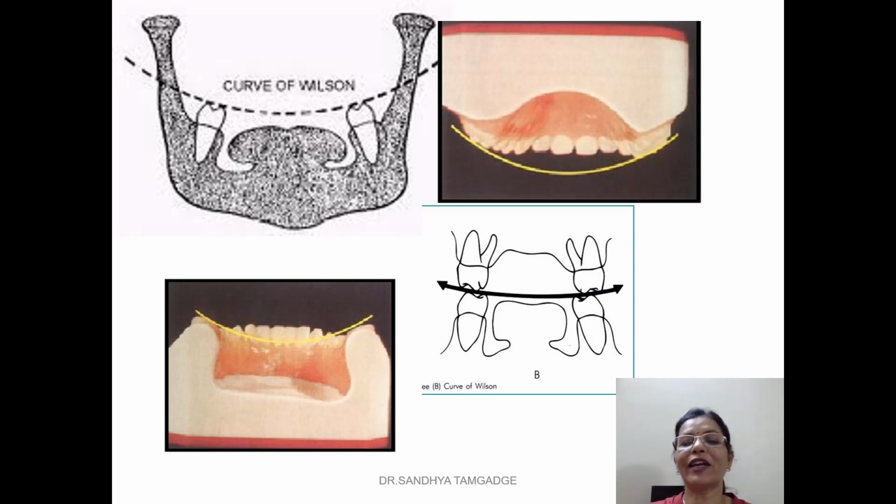In the schematic representation, at the right bottom you can see it joins the lower teeth and forms the arc, and the upper molars are tilted in such a way that the palatal cusps are touching the occlusal plane and the buccal cusps are at a higher level. If you join all four cusps of both sides of molar, it will form an arc, and this is called as curve of Wilson.